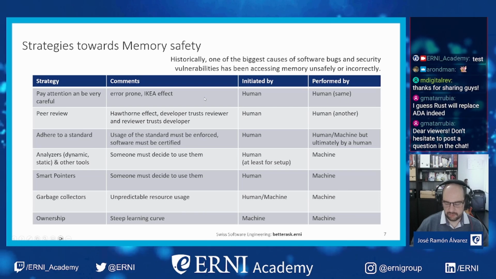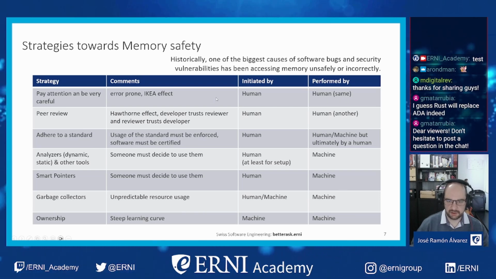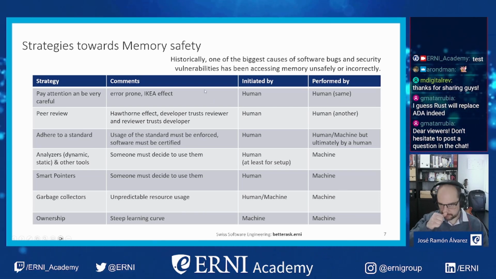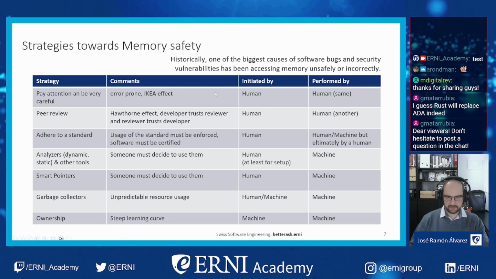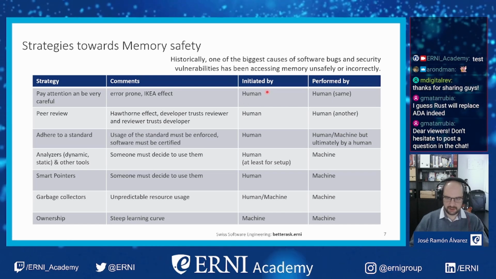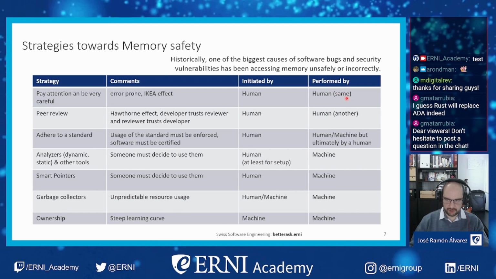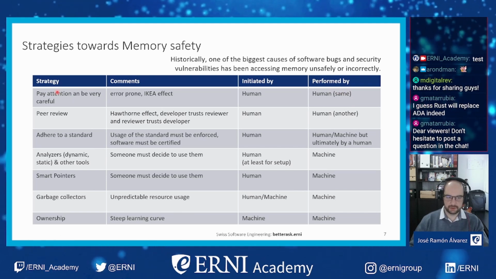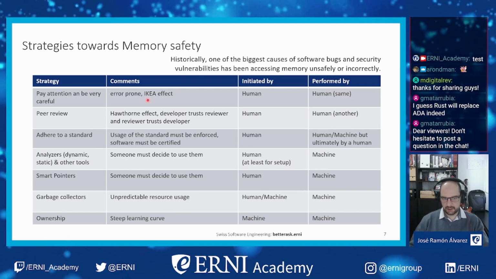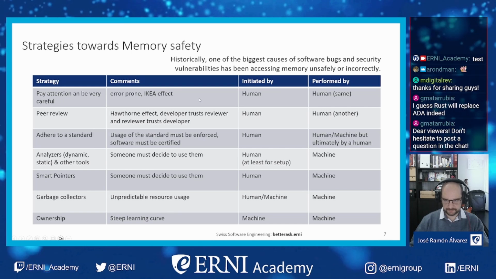So we tend to value more the things that we have built. This strategy must be initiated by a human, and it's performed by a human, which is usually the same human that codes. That's why the IKEA effect appears.